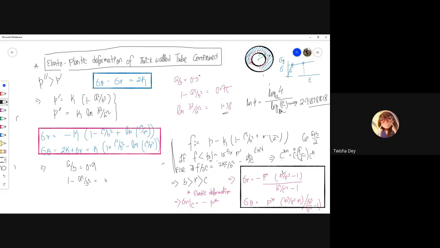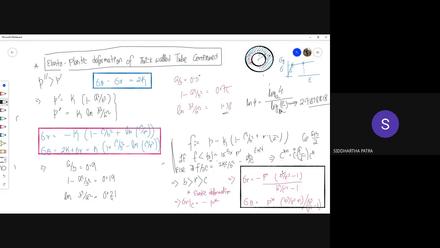0.19. 0.19, right? Okay. And what about this quantity? 0.21. 0.21.